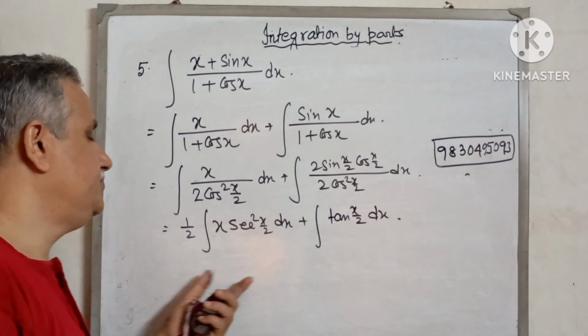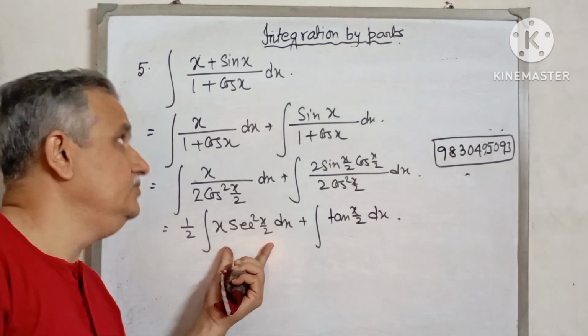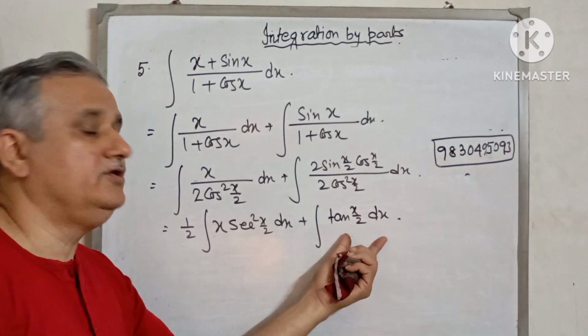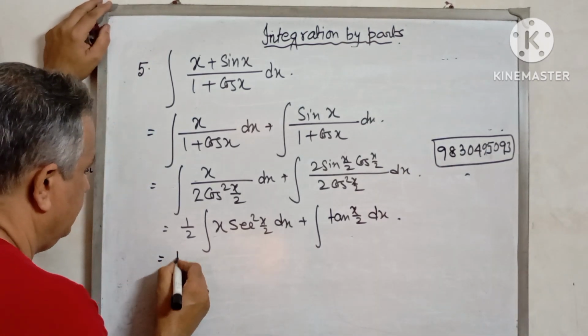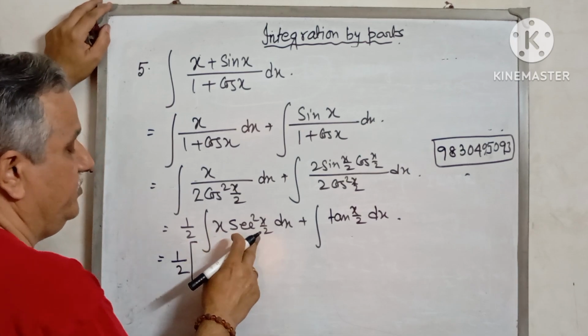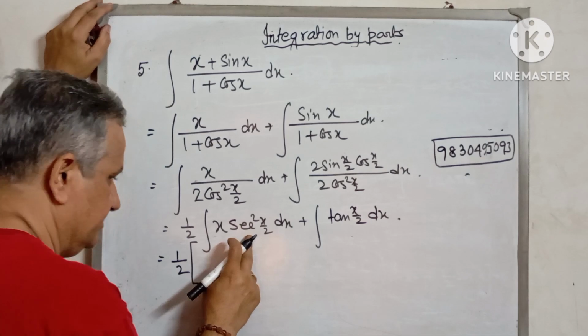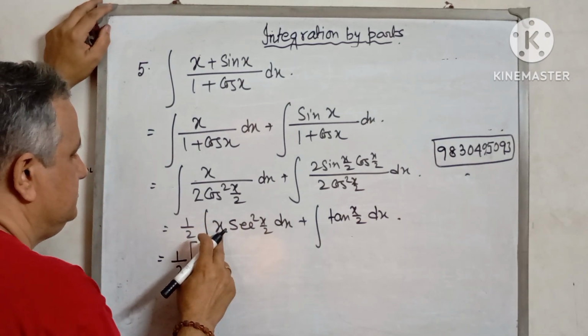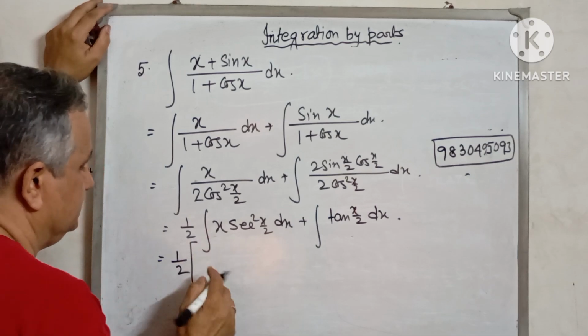Now this is a special type of problem. Just integrate the first part using by parts. This part will be cancelled. Now we start the differentiation and integration, u into v function, taking this as v function and x as algebraic is u function.